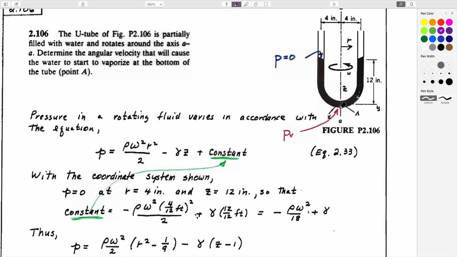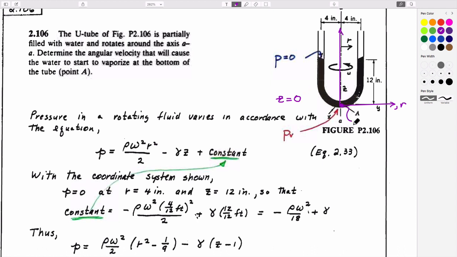What we could do is draw ourselves a coordinate system which starts off as z equals 0 at this point here, and this is equal to R, which is equal to 4 inches. We could define the boundary conditions within our system.